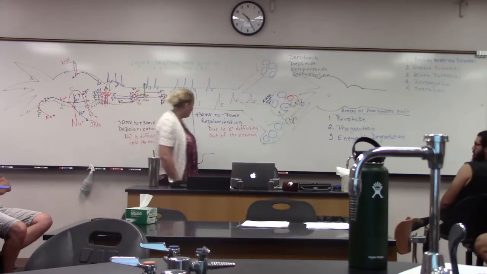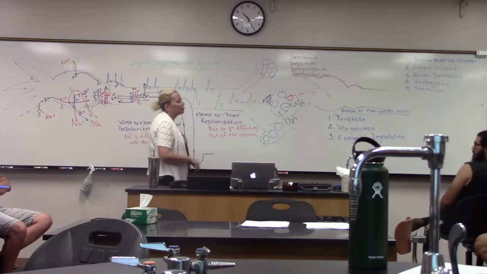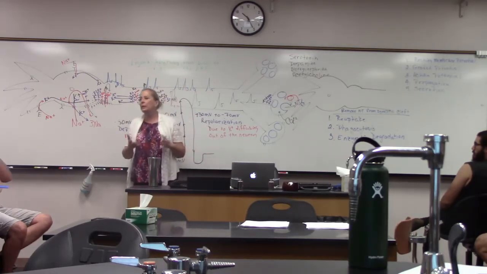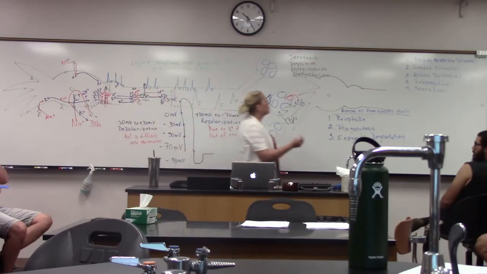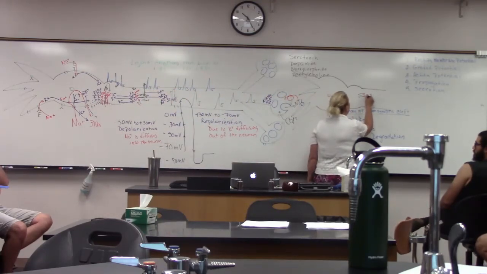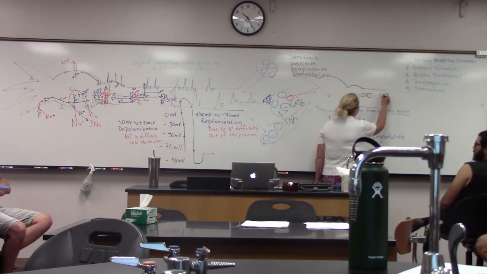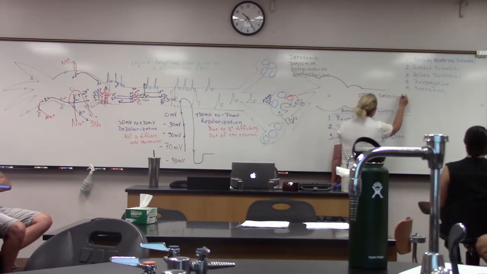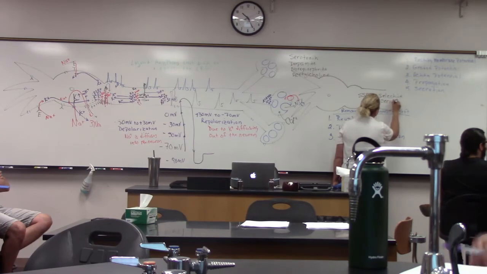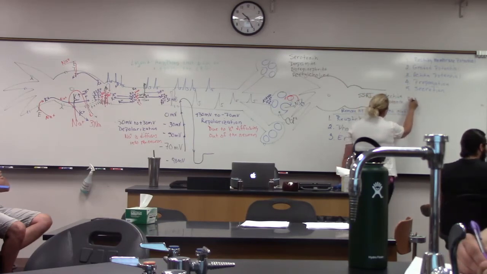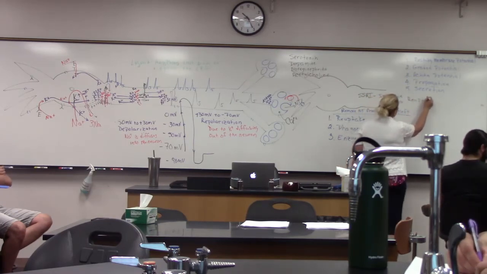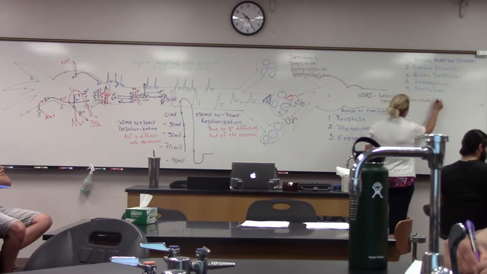So they came up with a drug. This was the very first one to try to relieve depression. And this drug is referred to as an SSRI, which is a selective serotonin reuptake inhibitor.